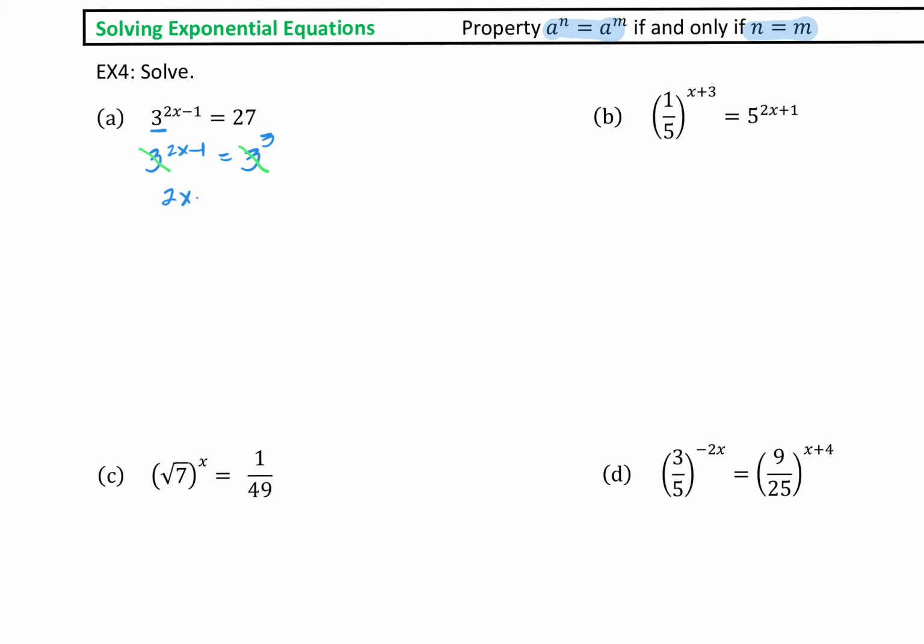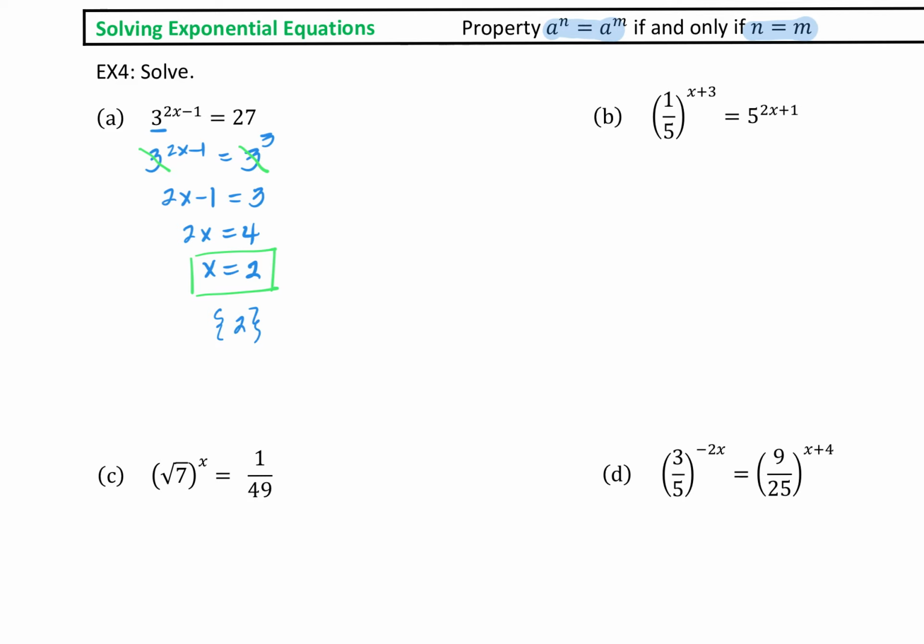So that would be if 2x minus 1 is equal to 3. And now I have to simply solve for x by adding 1 to both sides and dividing by 2. And I get that x is equal to 2. I could check that. I could put that back in for x and I'll get 27 is equal to 27. So again, we can also write this in set notation as a set containing 2.